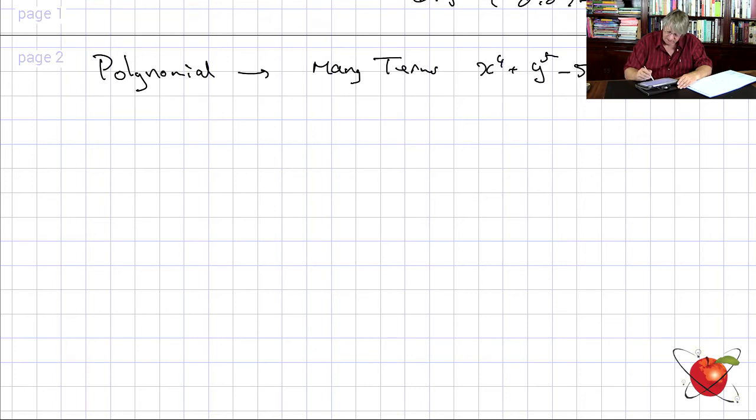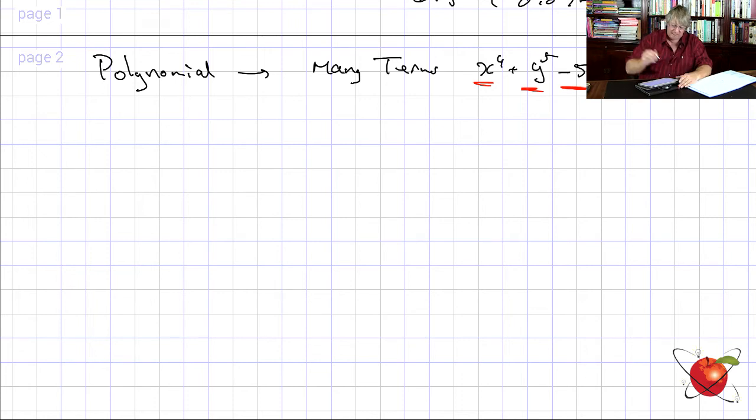Each one is different. X to the 4th, there's no others. X to the 4th is a strawberry. Y to the 5th is a lemon. 5x is an apple. 3y is an orange. And 7 is a prune. They're all different. You can't add them together unless you knew what x and y are, in which case you just put them in. So a polynomial is more than one term.